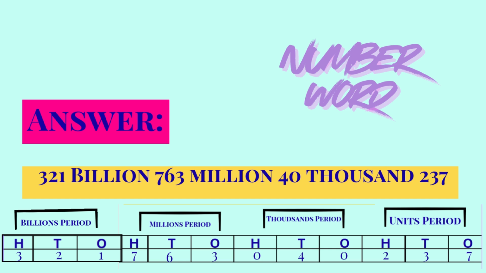That would be in the hundred thousands position. And finally, in the units period, we have 237. No period name needed for units. The difference here is that you write the name of each period after the number, using words like billion, million, and thousand.